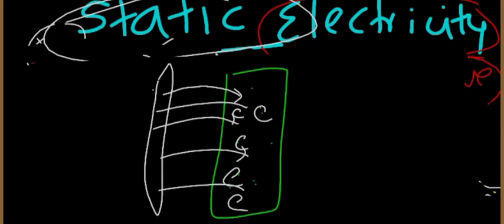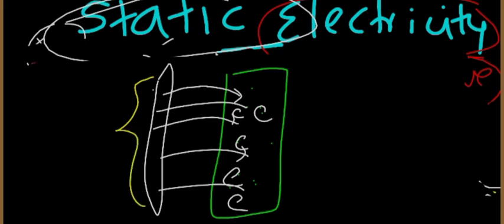So what becomes the charge of the glass rod then? Yes, a few minutes ago we discussed that if a material loses electrons, then it gains positive charge.